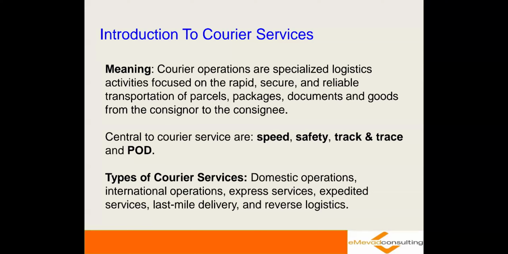It must not be tampered with, must not be damaged, and must not be missing in transit. Then track and trace. You should be able to provide this facility for your services. Your customers should be able to trace and track the journey of the package from origin to destination.